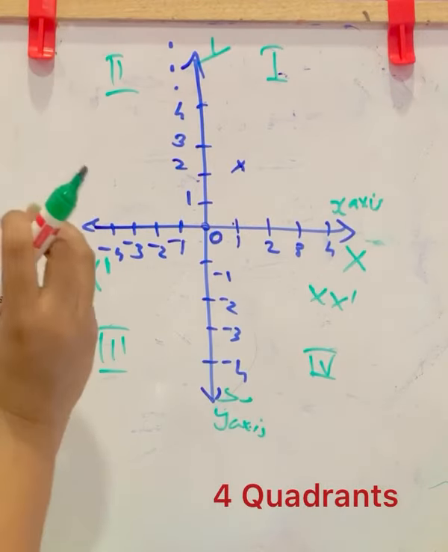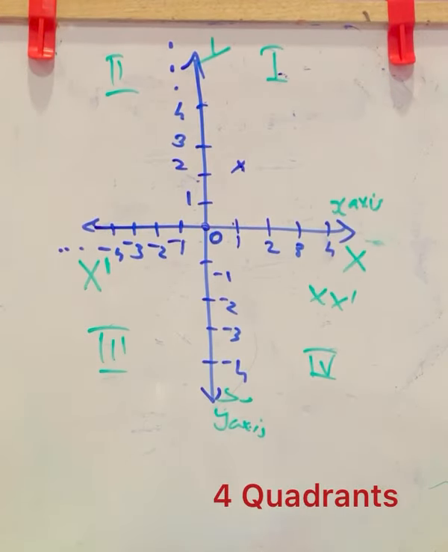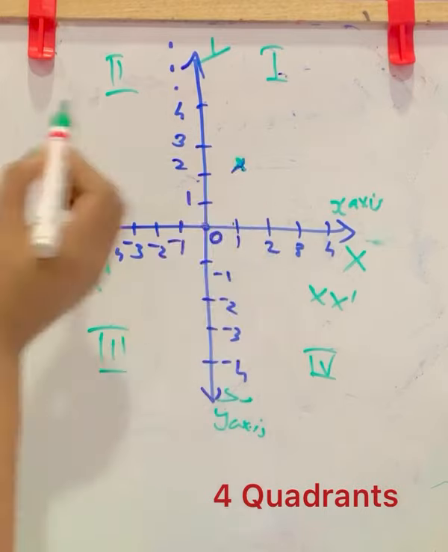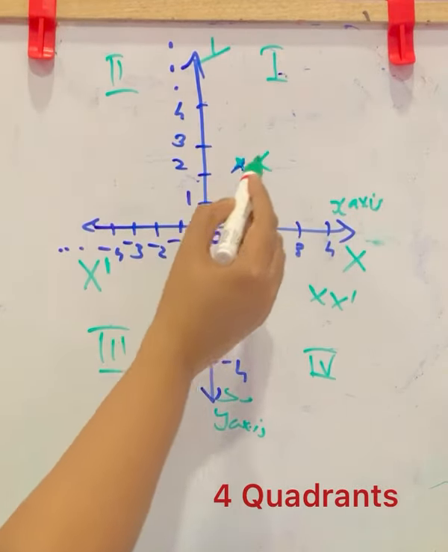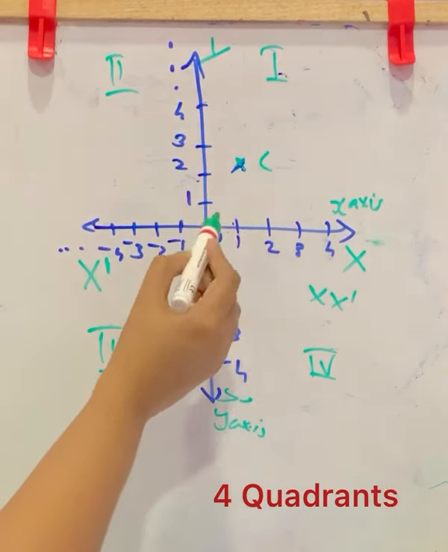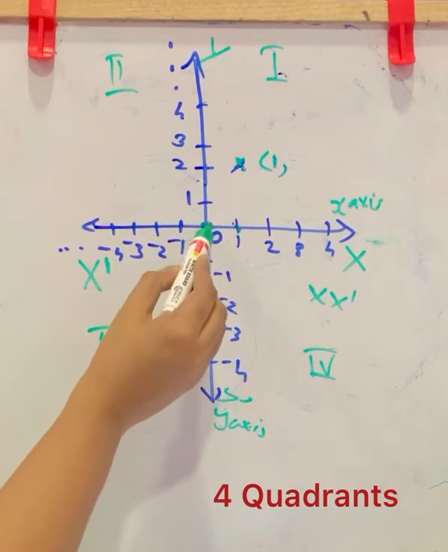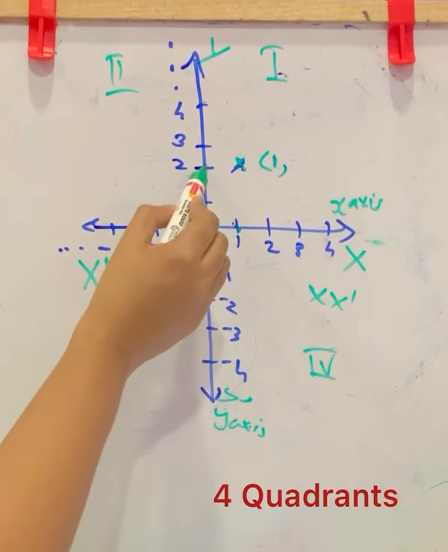Now, how will you locate a point in this quadrant? Here, you can see this point. How will you name that point? First we want to say the distance from the origin on the x-axis. The distance here from the origin on the x-axis is 1 centimeter. So you can say 1 comma. Next is the height from here, that is from the origin on the y-axis.